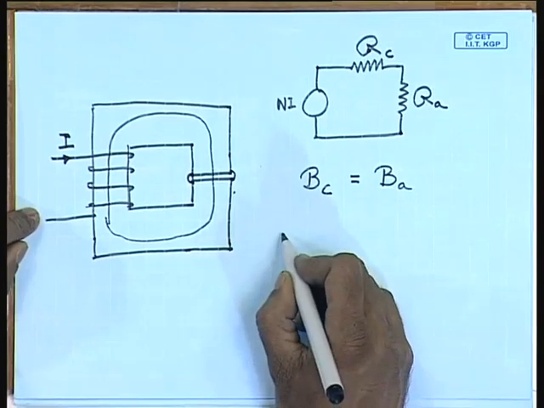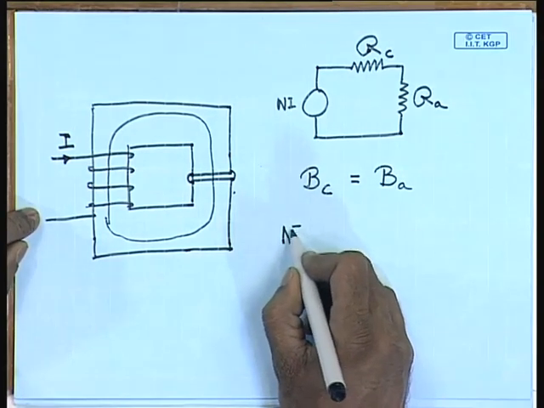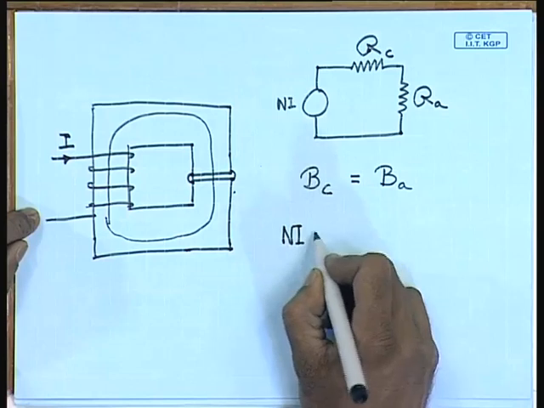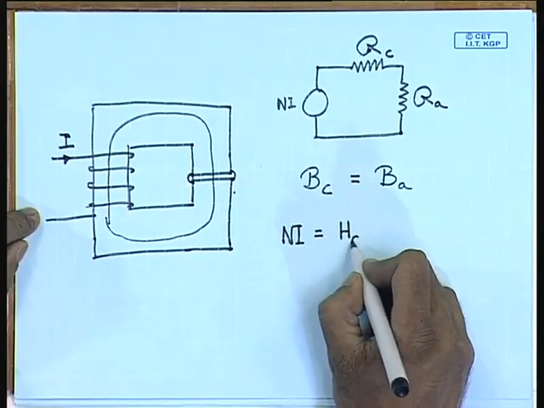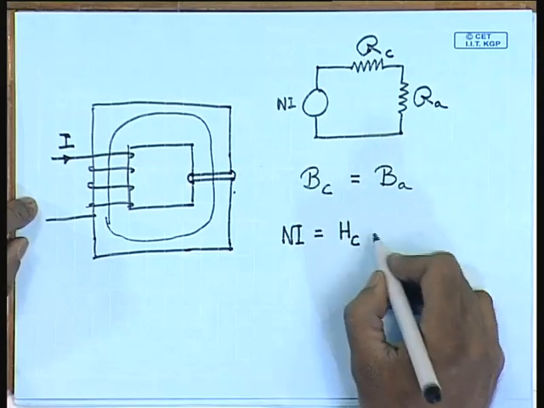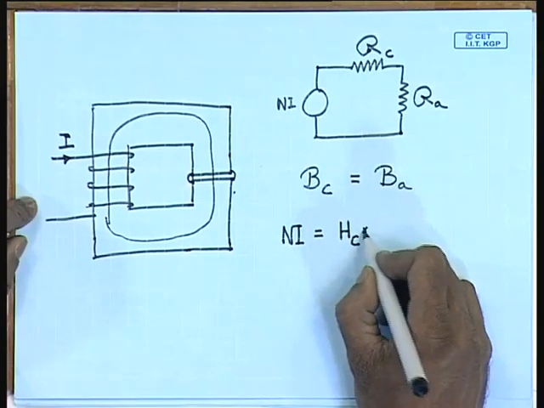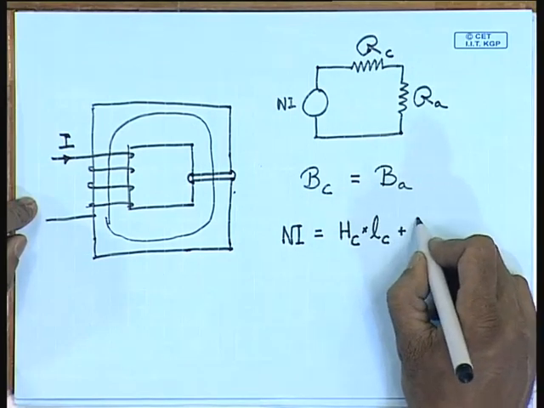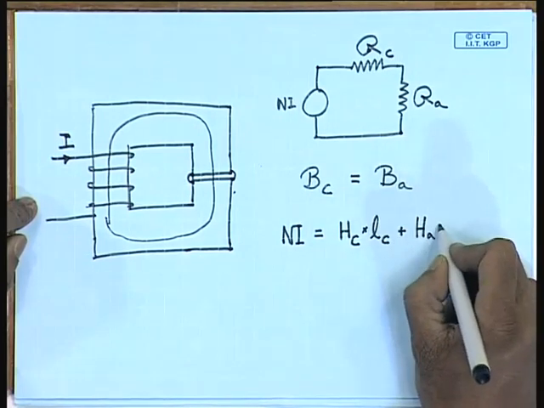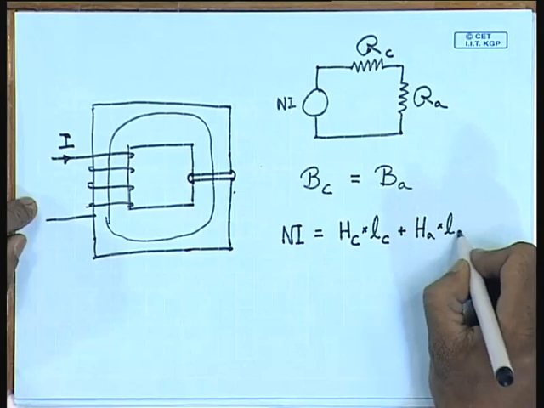The total MMF Ni can be written as magnetic field intensity Hc in the core multiplied by the length of the core, plus field intensity in the air gap multiplied by the length of the air gap.